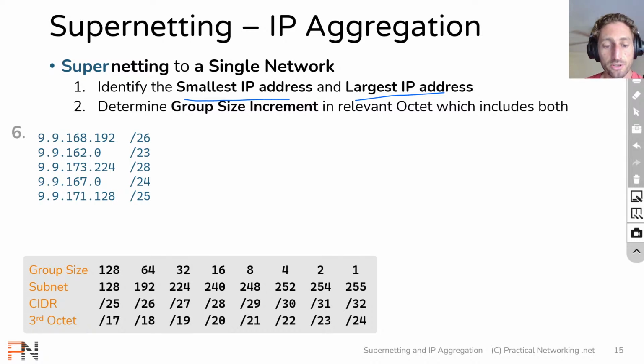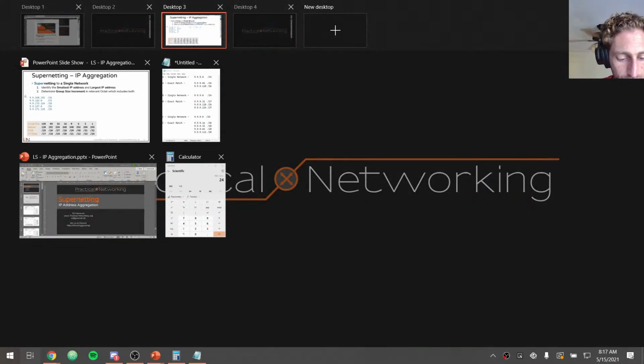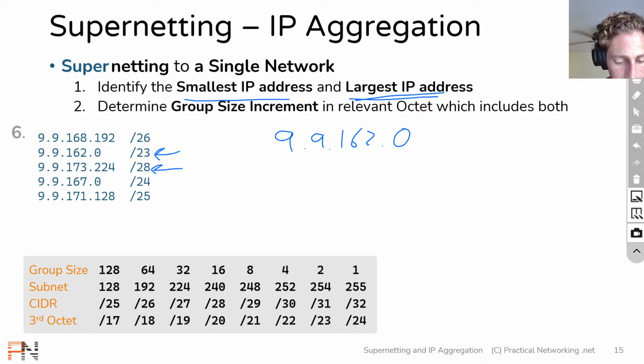So the smallest IP address on this list, if I'm looking at it correctly, is going to be that 23 right there. Let's write that out. 9.9.162.0. And then the largest IP address, if I'm doing the math, is going to be that guy right there. Yep, not missing anything. But we need to find the broadcast IP address.